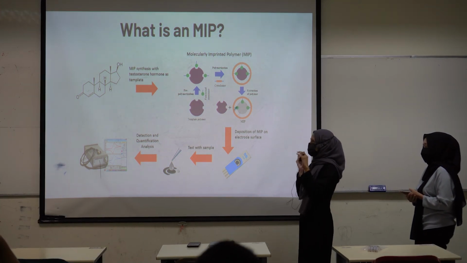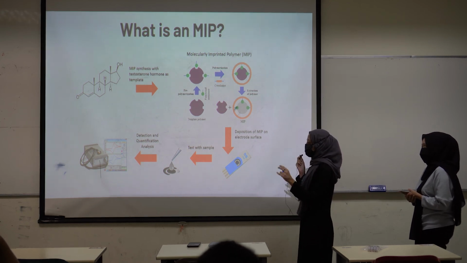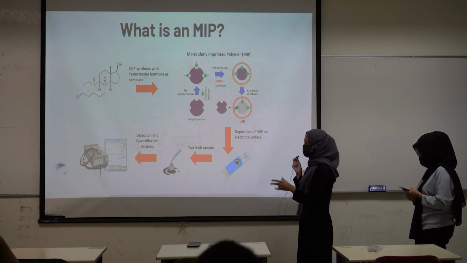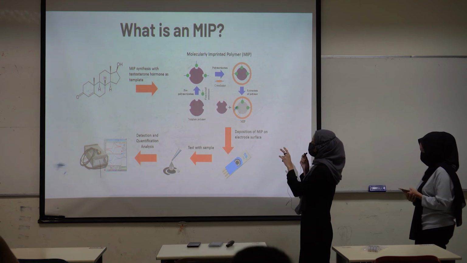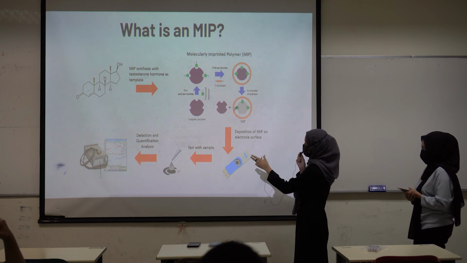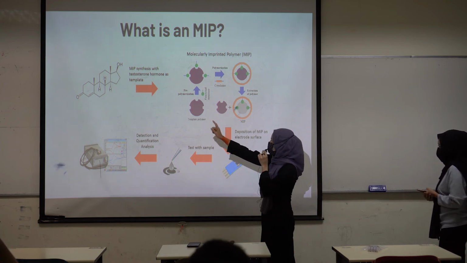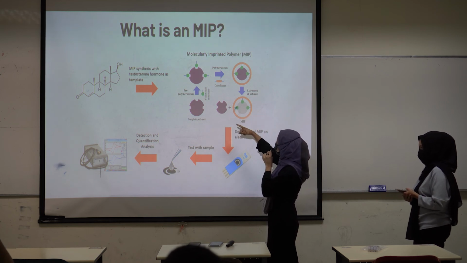The main theory is that you polymerize a monomer around something that you want to detect. In this case, we want to detect testosterone, so the polymer will be polymerized around the testosterone. The template is the testosterone, and it will undergo polymerization with a monomer.